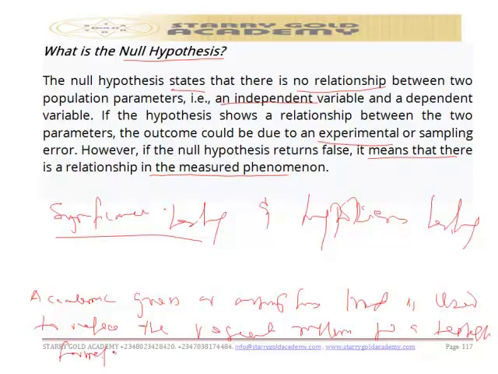So that's one hypothesis. And one of the assumptions could be null hypothesis, that is, hypothesis that says there is no relationship between the variables in the research topic.